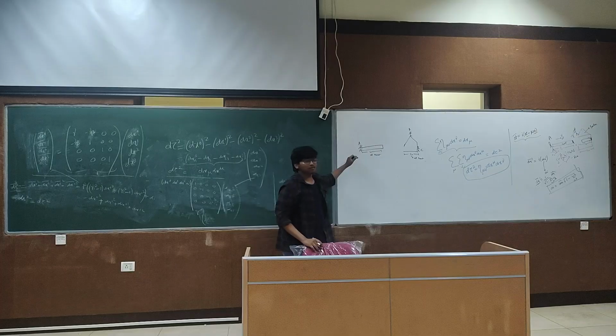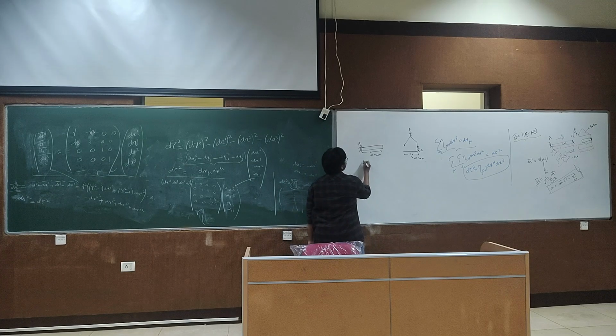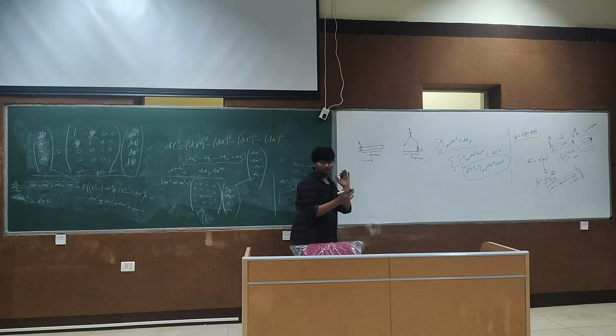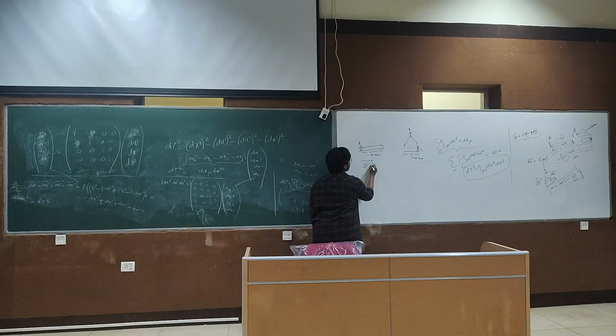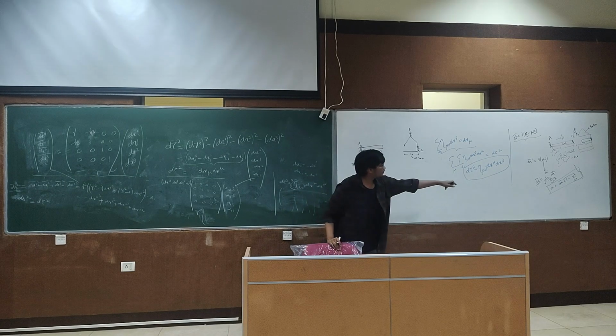Fine. The lengths of the rod and barn are L and L naught at rest. Now it moves with a speed v towards the barn, such that the length becomes root over 1 minus v square by c square into L. You understand why this comes from there?